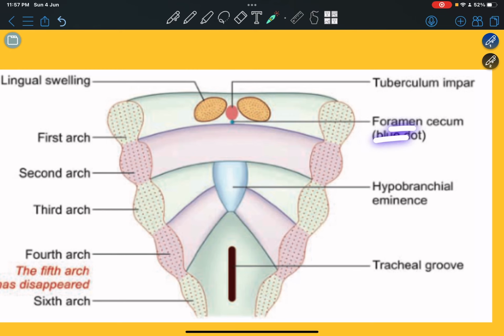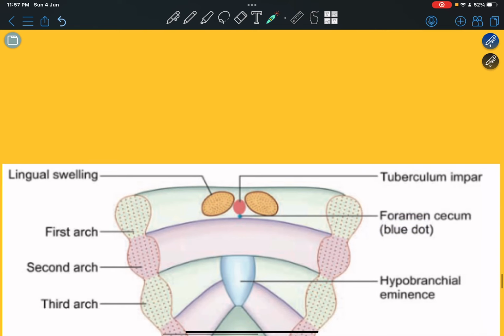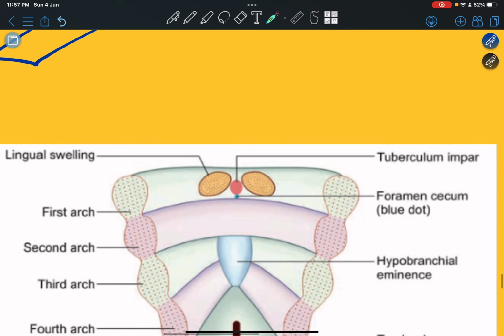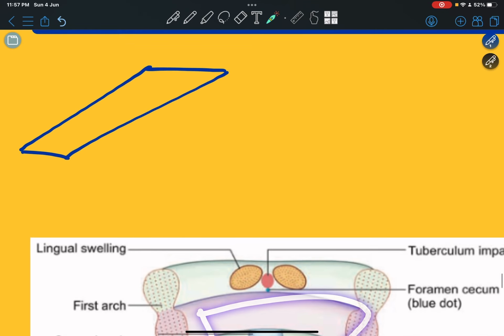Now what is the foramen cecum? Quickly gonna tell you just in case you don't know. So for better understanding, imagine this is a plane, okay, and this is the triangular pharyngeal arch, right? So I'm making that here, right? From here basically a diverticulum emerges, okay, which comes like that. It's coming downwards.